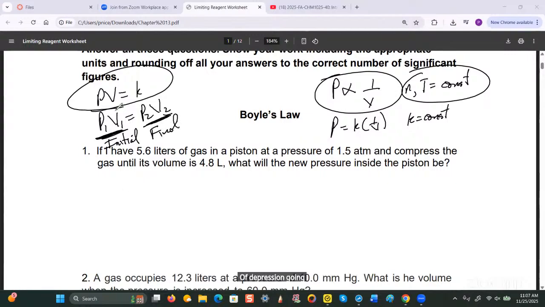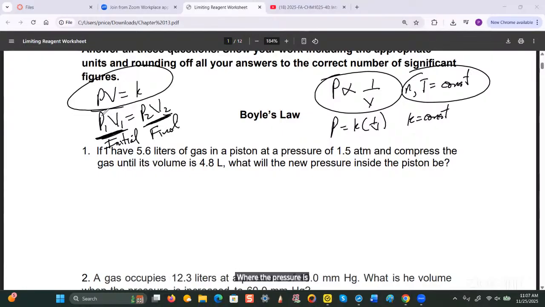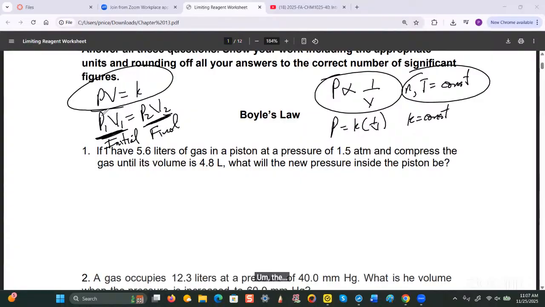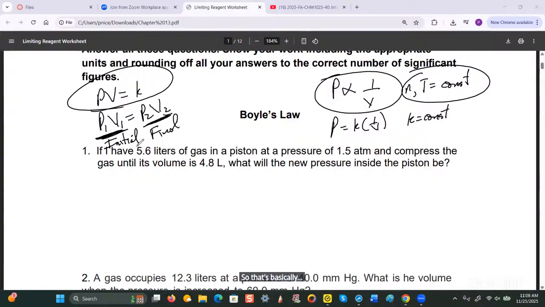So basically what this equation is all about is that let's say you have a gas where the pressure is of a particular value P1 and the volume is V1, and then you change the pressure of the same gas to P2, then the volume would be adjusted to V2, all right? So that's basically what Boyle's law is saying, and as I said before, this form of the law is going to be useful for solving the problems in this particular assignment.